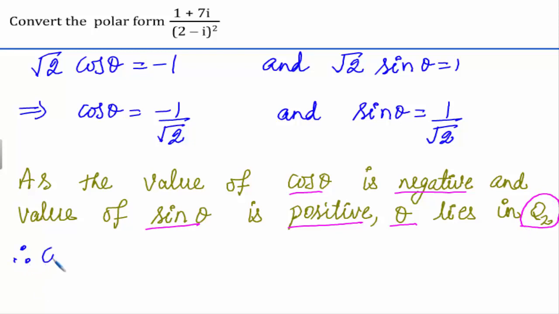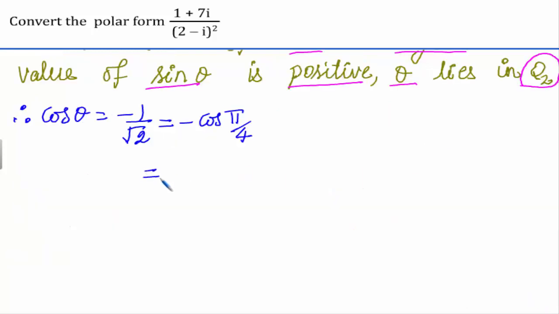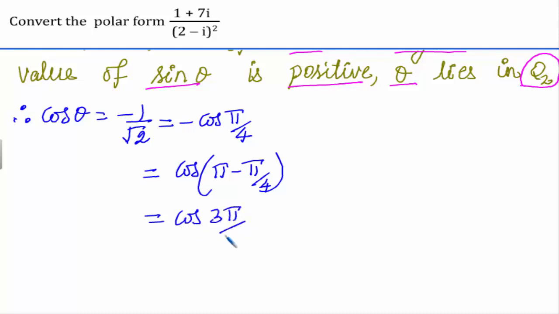Therefore, cos theta is equal to minus 1 upon root 2, which is equal to minus cos pi by 4. Since theta lies in the second quadrant, we can write this as cos of pi minus pi by 4. This will be equal to cos 3 pi by 4. Also we have sin theta is equal to 1 upon root 2.